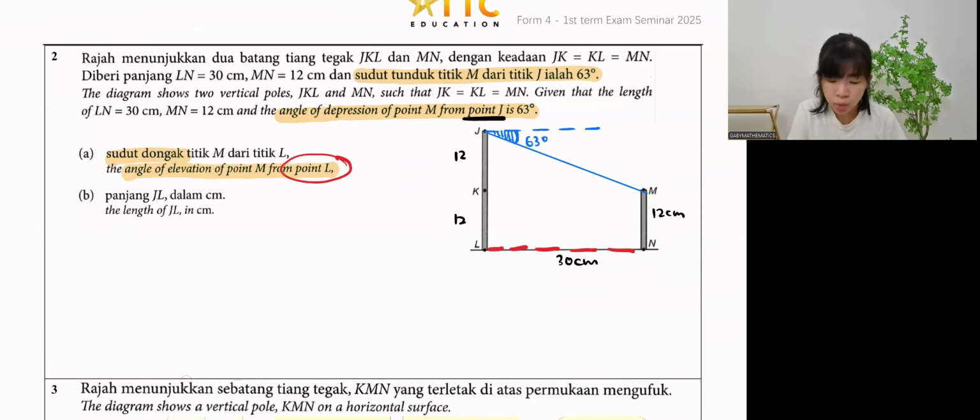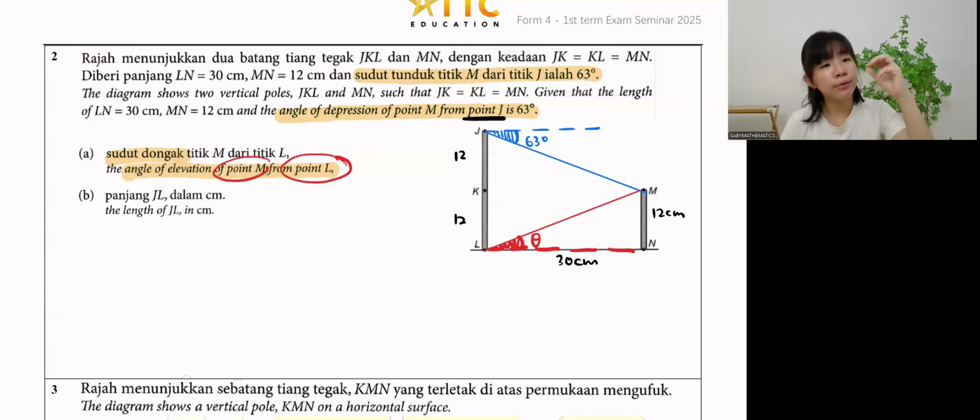Then from L to M, now you draw another line. That is the way of doing. Always know from where, because from there you have to draw the horizontal line. So the angle you want is this. You need to find this angle.